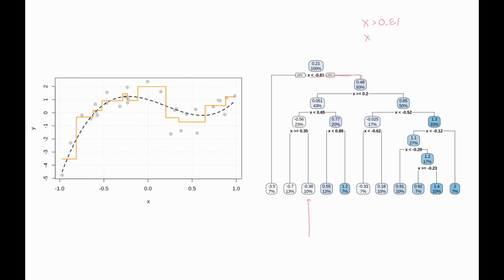We have to have an x that is bigger than or equal to 0.2 to go this way. Then we need an x that is less than 0.65 to go this way. And then we need an x that is less than 0.35 to go down to here. I really hope I didn't screw that up. So let's see. Greater than 0.8.